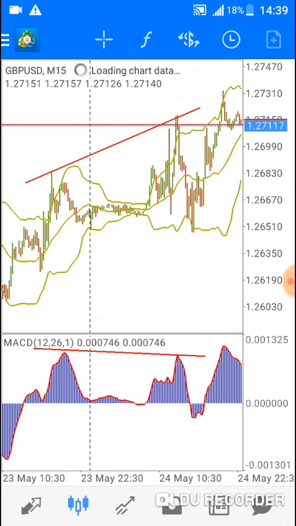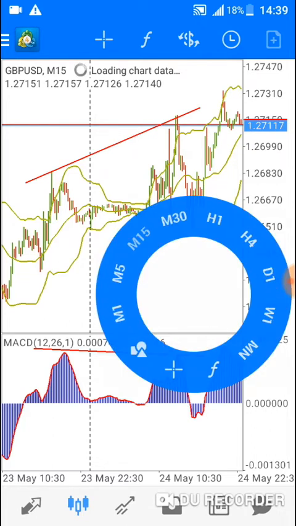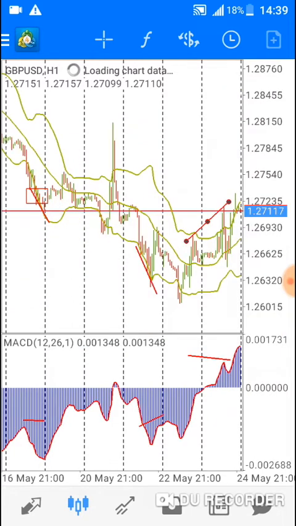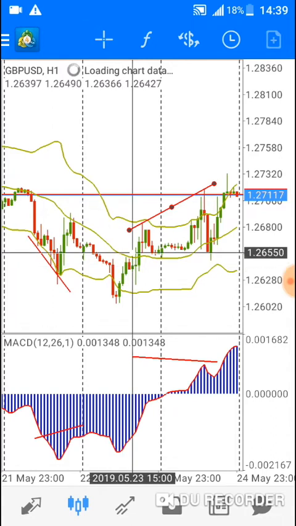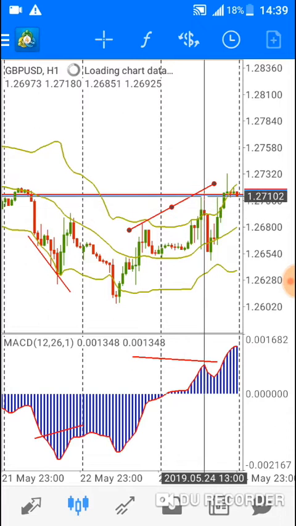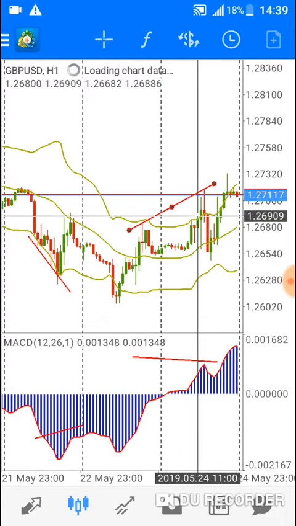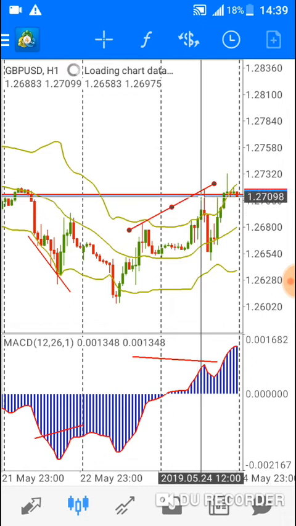Once you discover such a setup, then you have to go to 1 hour to confirm if the setup is real or not. On 1 hour, I want to see the price or the candle crossing above the upper band in this case.